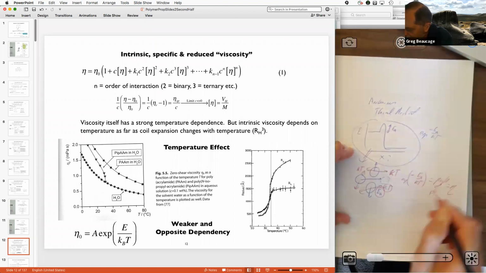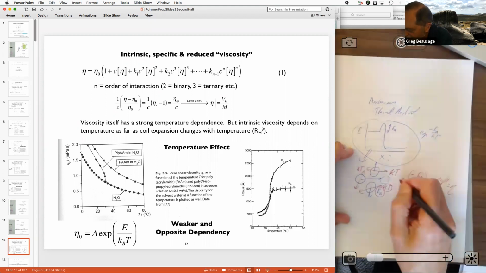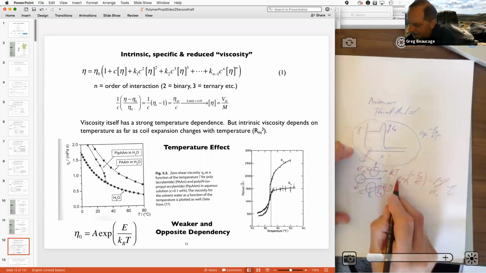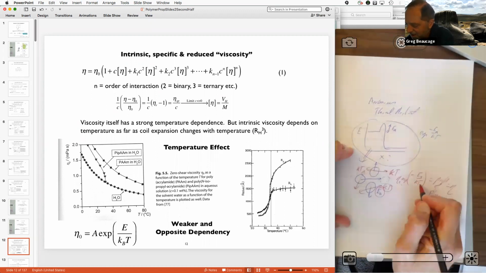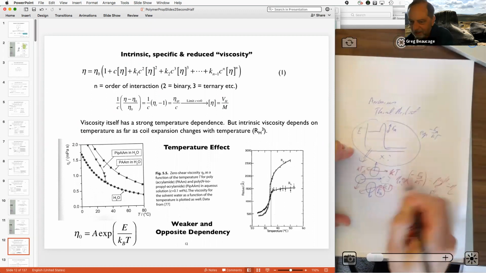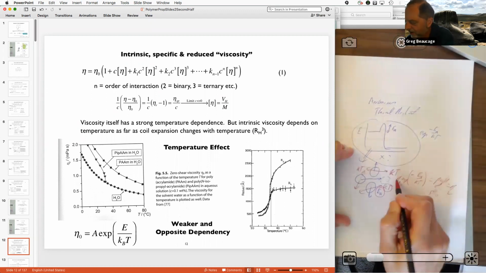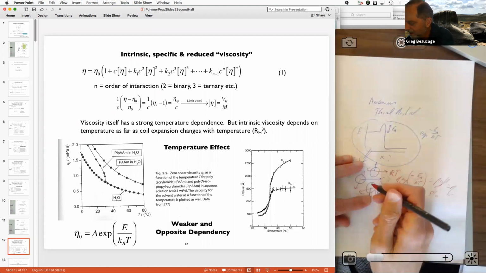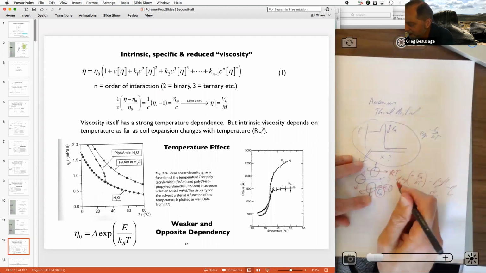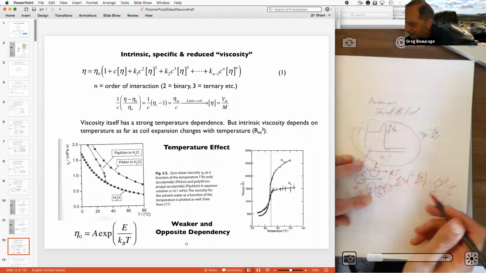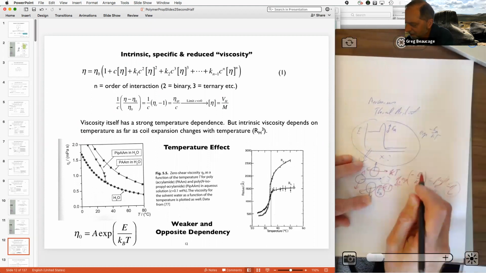Right, and then you need a constant here. That's eta zero, which is like temperature infinity. Or if the barrier energy was zero, then this would be one, and that would be eta zero. So if somehow you could remove this barrier, then it would still have a viscosity. It would be this zero viscosity. Then you get the viscosity from this. The thermal dependence is exponential.